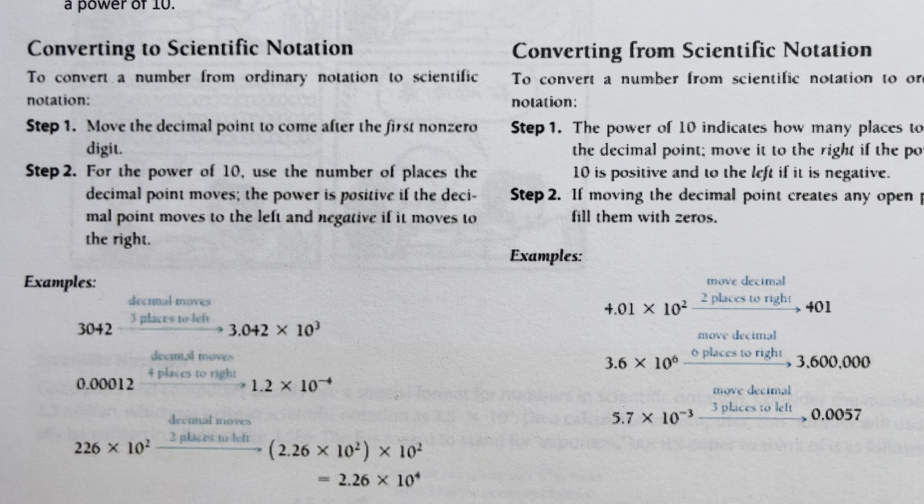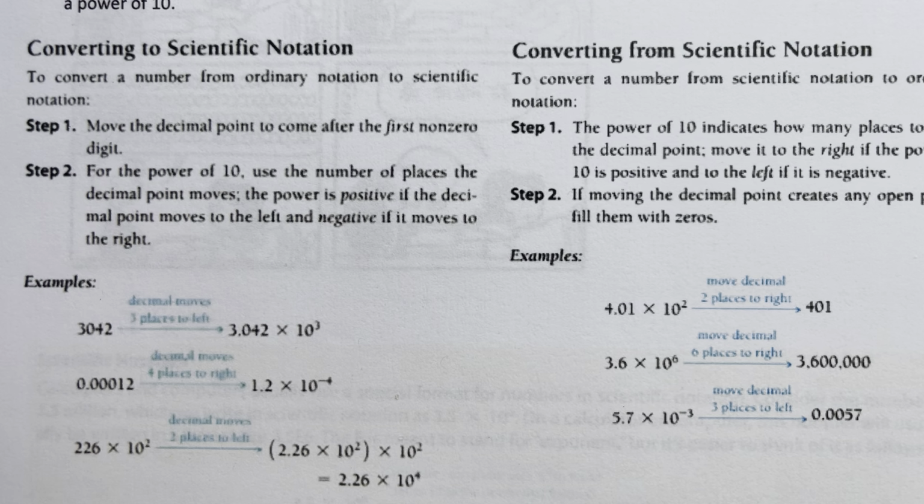So if I've got 3,042, we're going to move the decimal to come right after the first non-zero digit. And then from the power of 10, if it's positive, we're moving it to the right. If it's negative, we are going to the left.